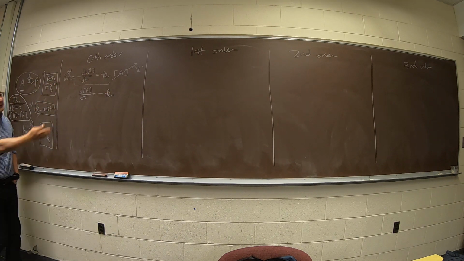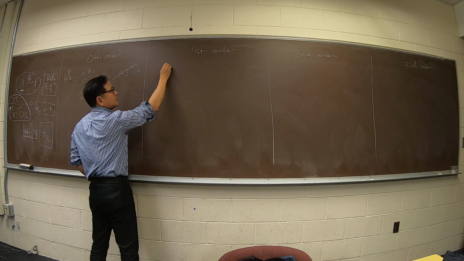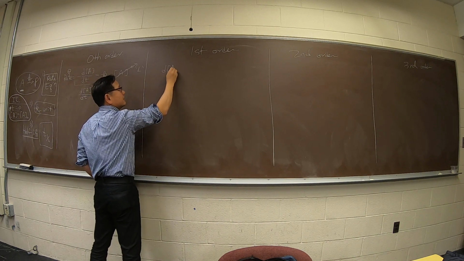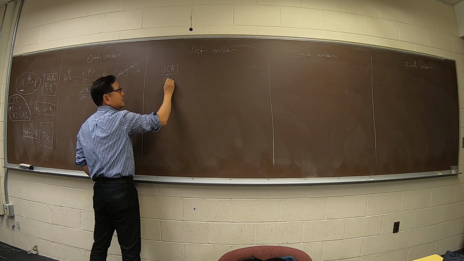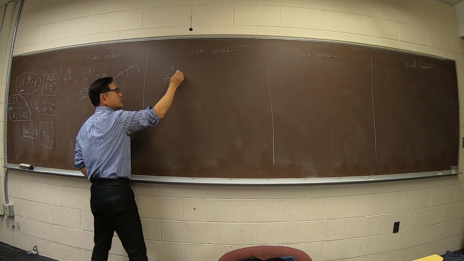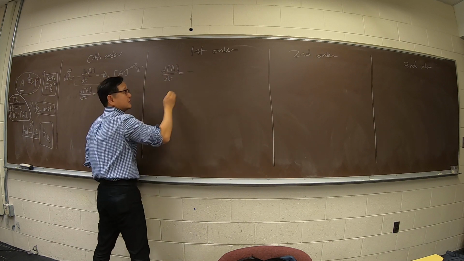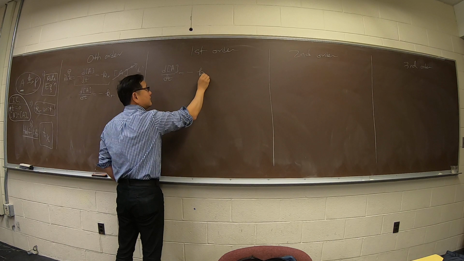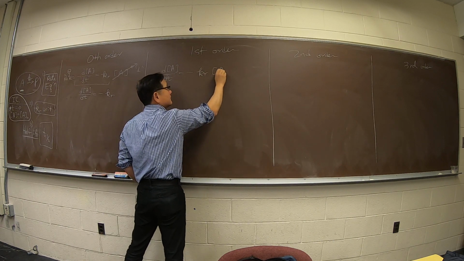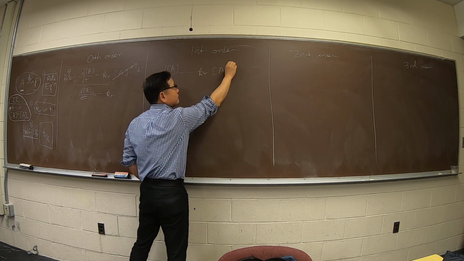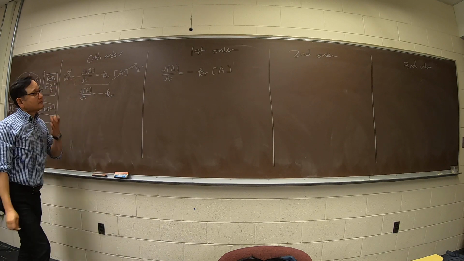What about the first order? The change in A over dt is, I know this is decreasing, so I put the minus sign there, and KR to the power of 1, first order.